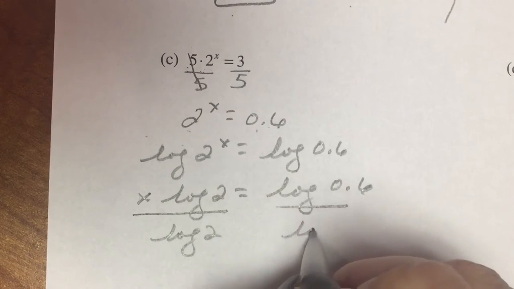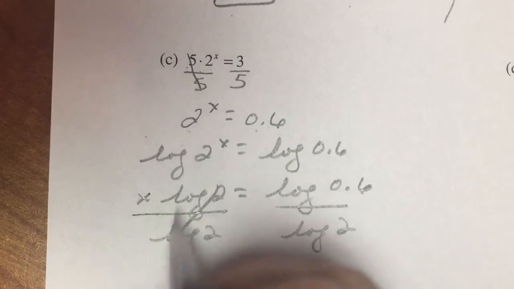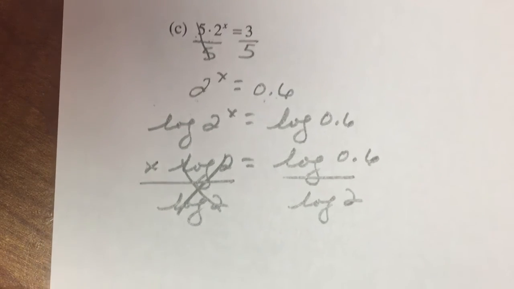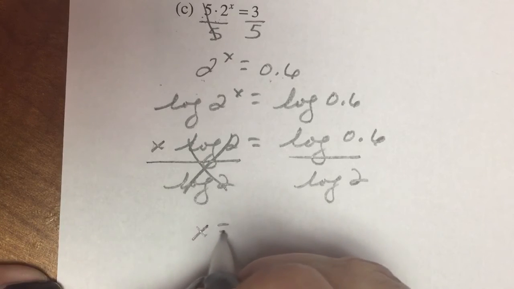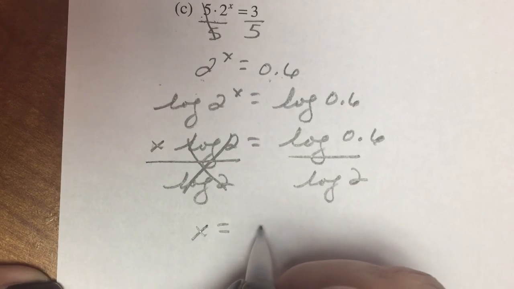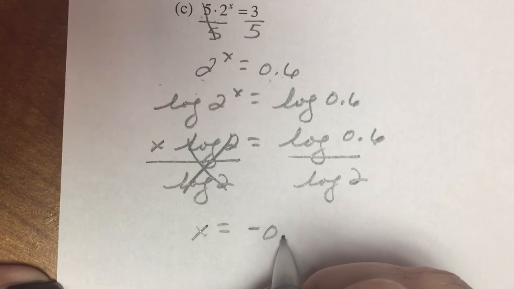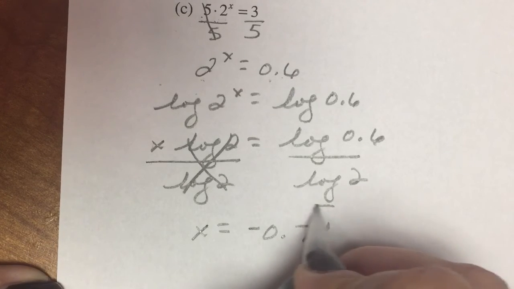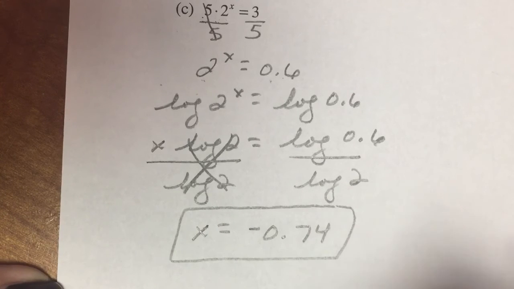These will cancel. x is equal to, take your calculator, do this into your calculator. When I did it, I got negative 0.74 when I rounded.